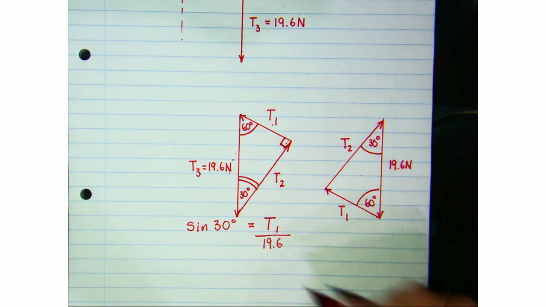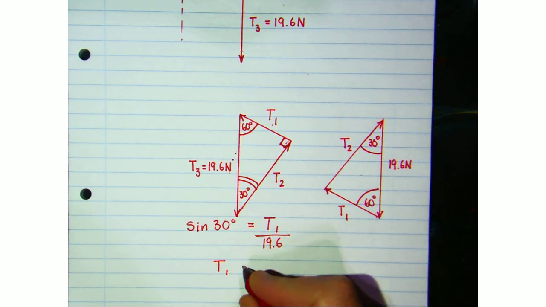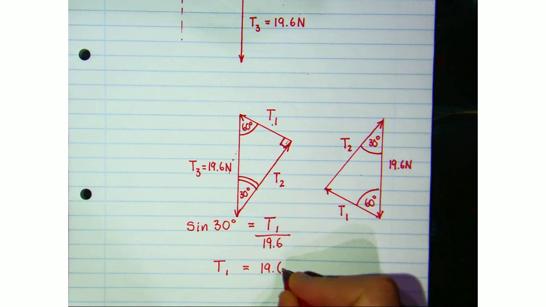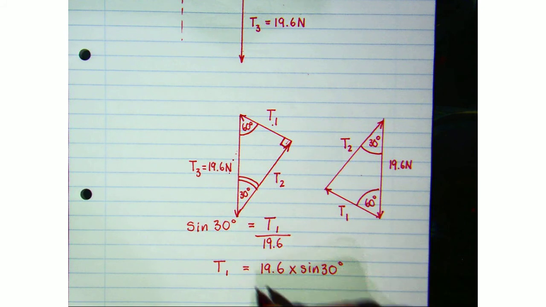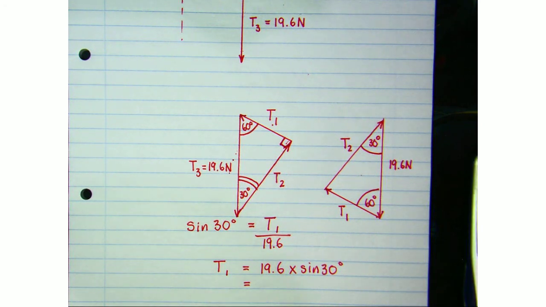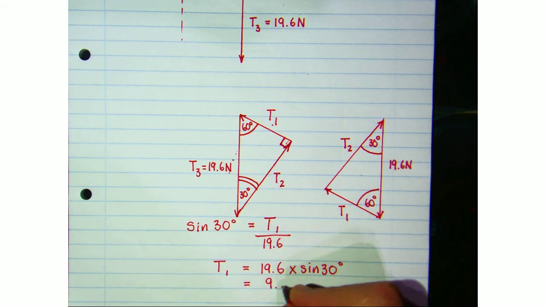And then we can get T1. If we put that into our calculator, 19.6 times sine of 30, that gives us an answer of 9.8 newtons. So we found T1.